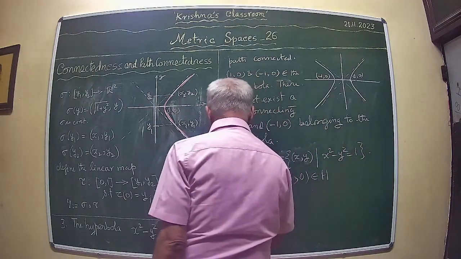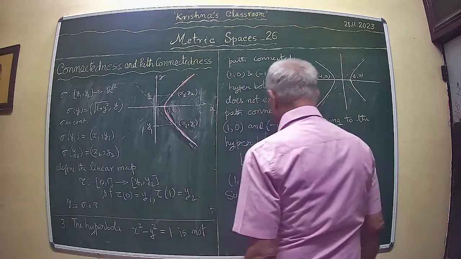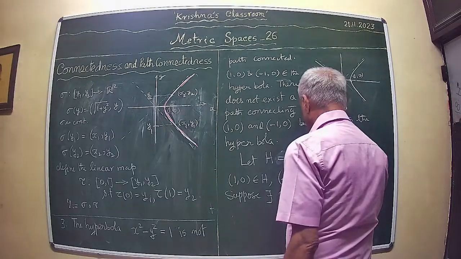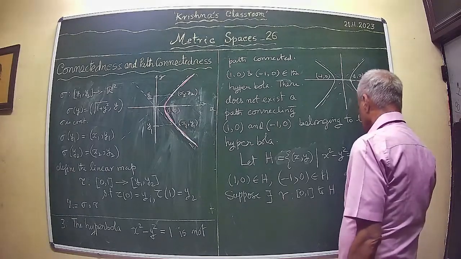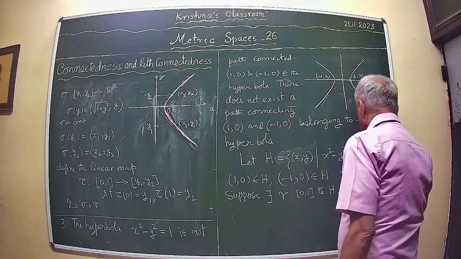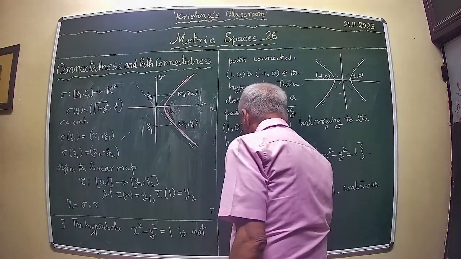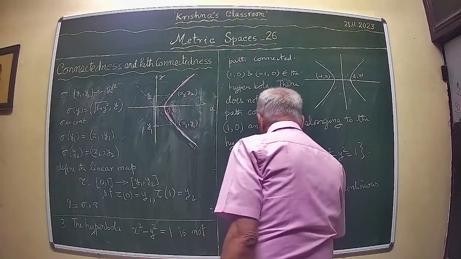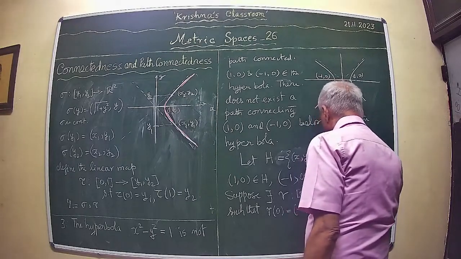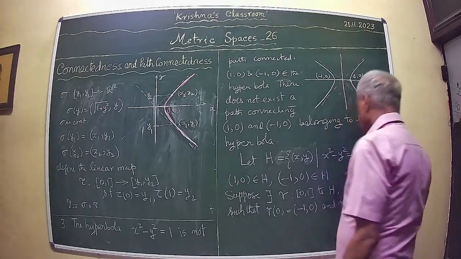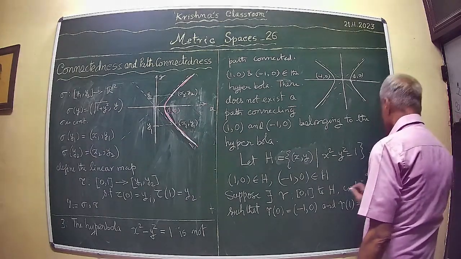Suppose there exists a gamma from 0, 1 to H, continuous, such that gamma 0 is (minus 1, 0) and gamma 1 is (1, 0).